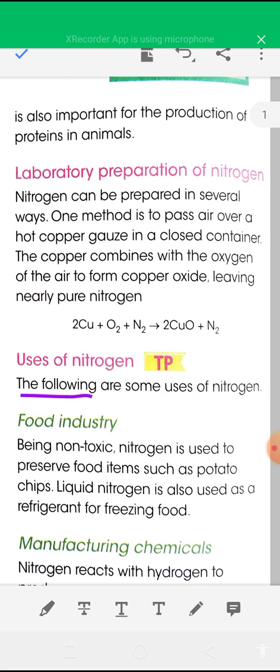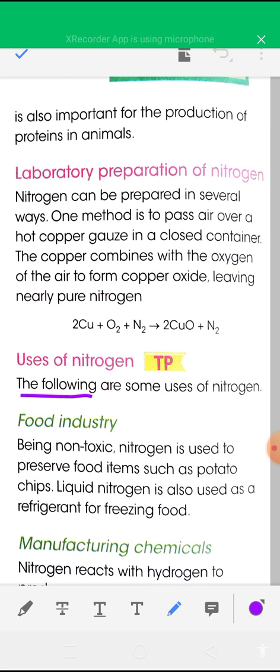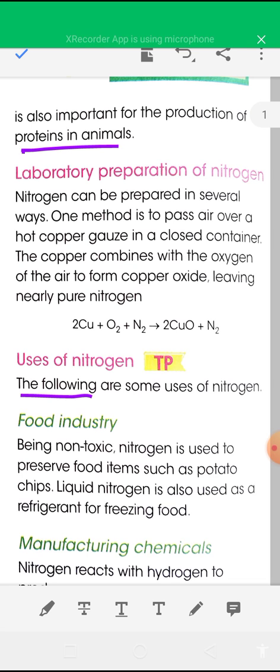Nitrogen is also important for the production of protein in animals. So nitrogen is an essential element in living organisms for the growth of plants and animals.